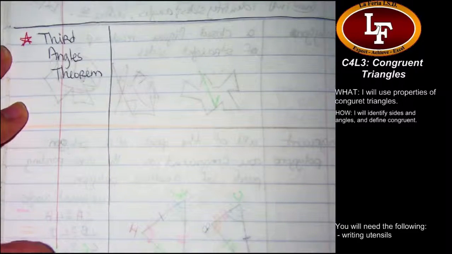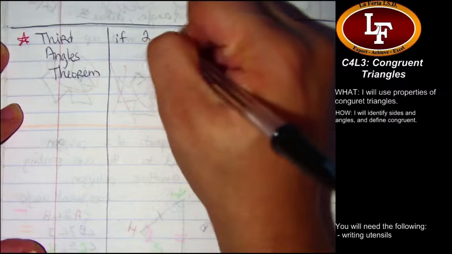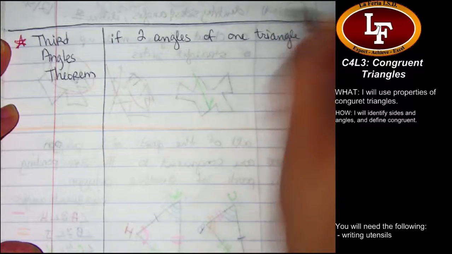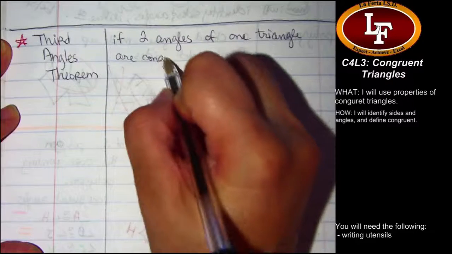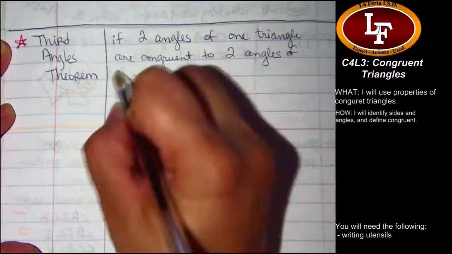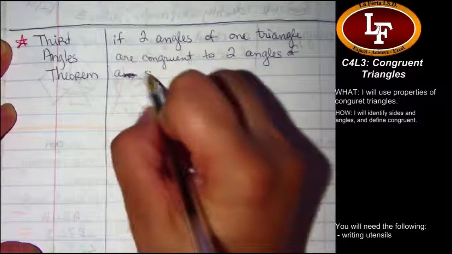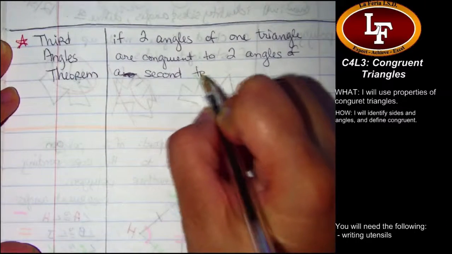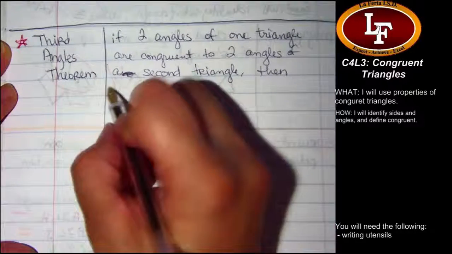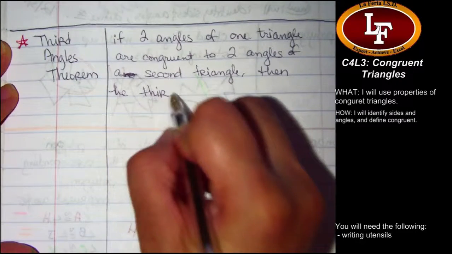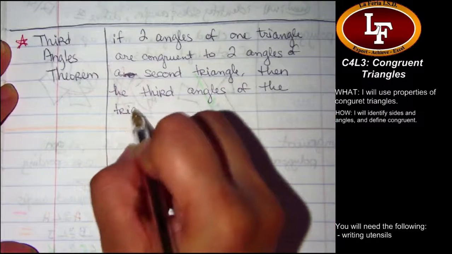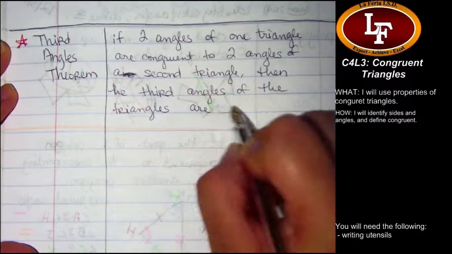It's an if-then statement, and it says this: If two angles of one triangle are congruent to two angles of a second triangle, then the third angles of the triangles are congruent.